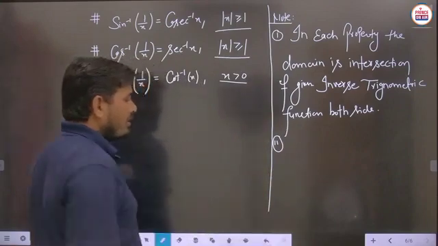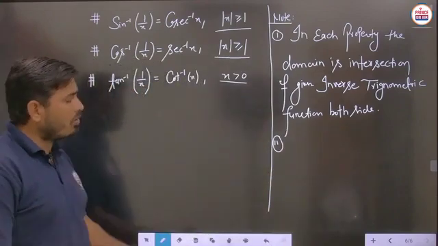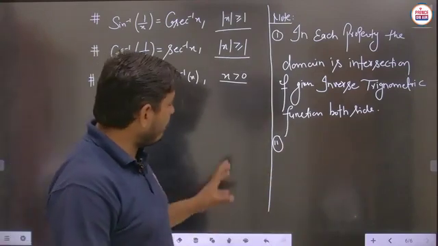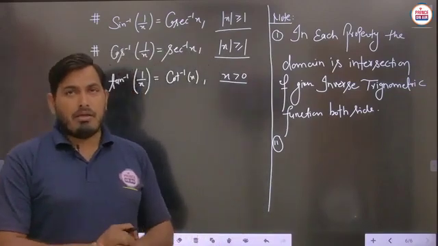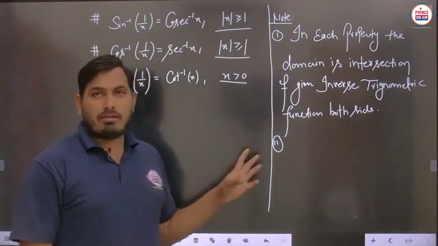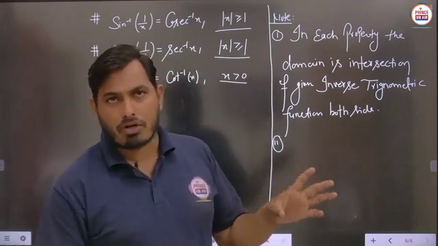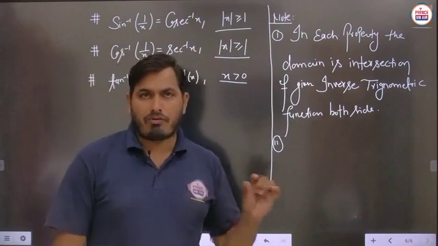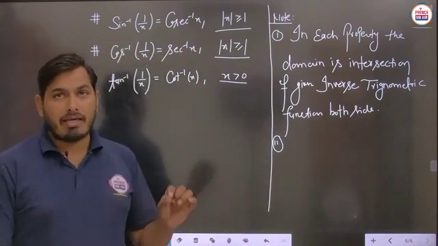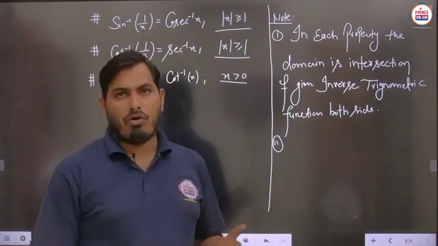And the second thing, we have to discuss one more important thing. In the second part, what are we saying? We are saying that for equal angles of the given inverse trigonometric functions, the equal angles lie in the same quadrant on both sides.